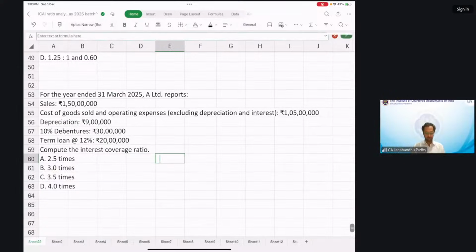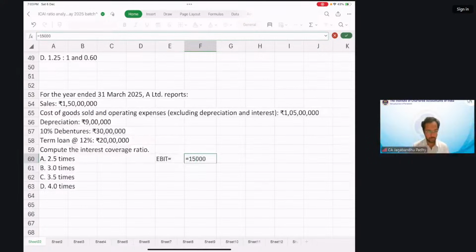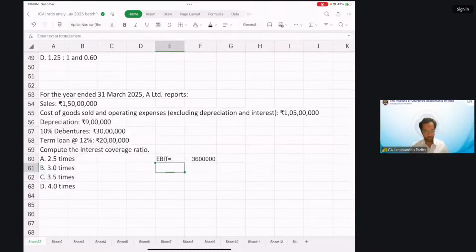So interest coverage ratio will be, of course, EBIT. So earnings before interest and tax will be 1 crore 50 lakh minus 1 crore 5 lakhs minus depreciation of 9 lakh. That's your EBIT.